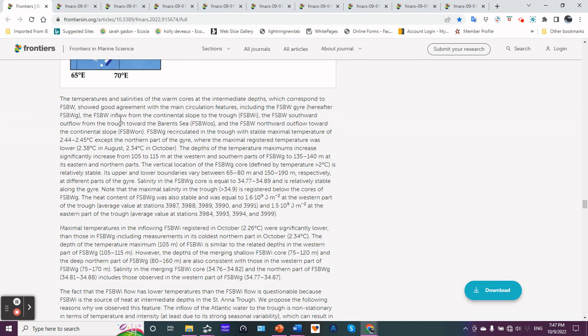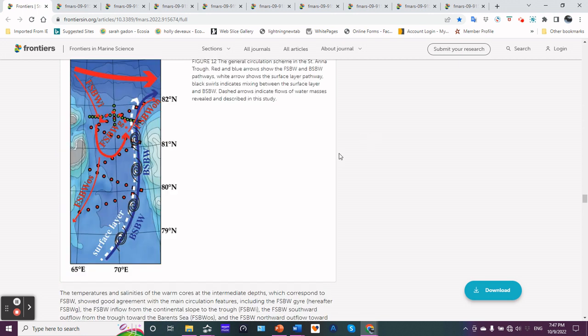And then they say the FSBW inflow, FSBWI, and then the southward outflow, OS, and the northward outflow, ON. So that is this right here. A little bit can flow that way, and then here's the outward flow to the north.